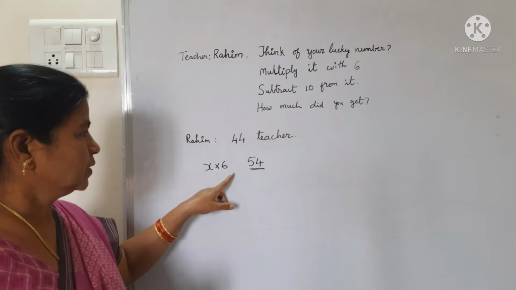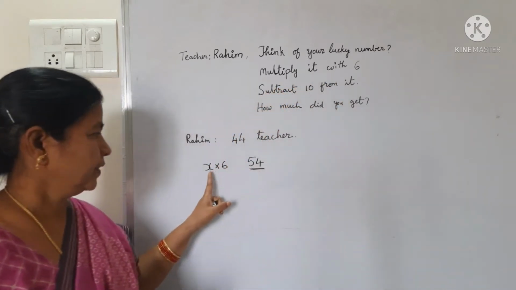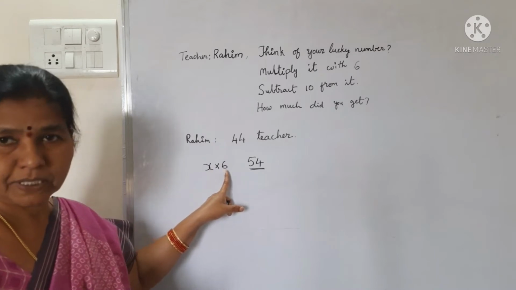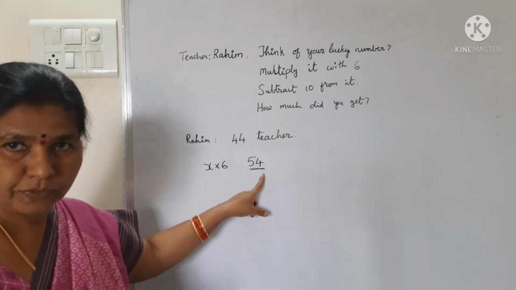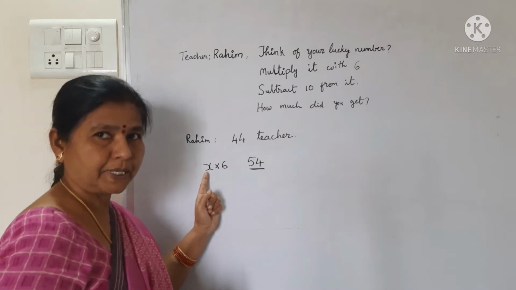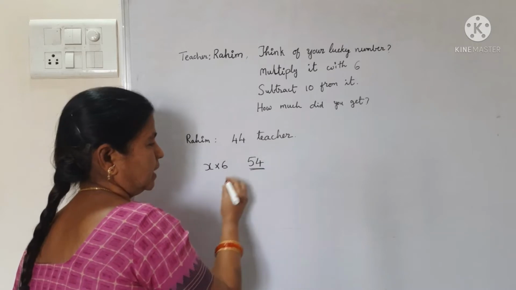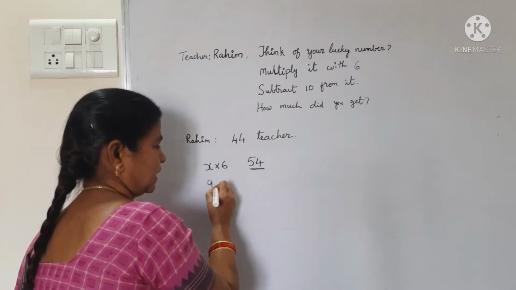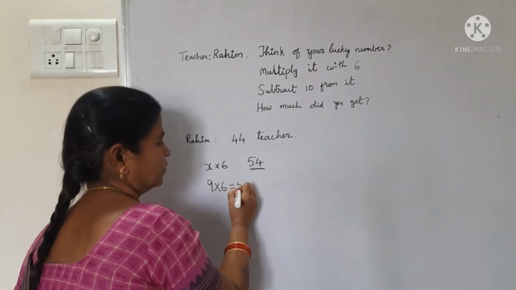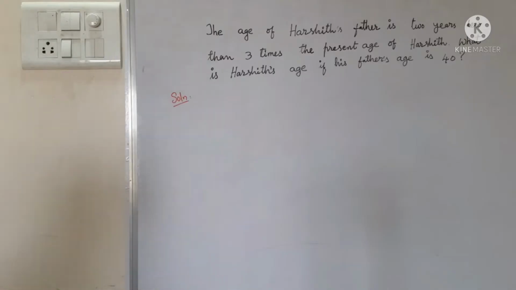He multiplied his lucky number with 6 and got 54. So to get the number before multiplication by 6, we have to divide by 6. 9 times 6 is equal to 54. So 9 is his lucky number.